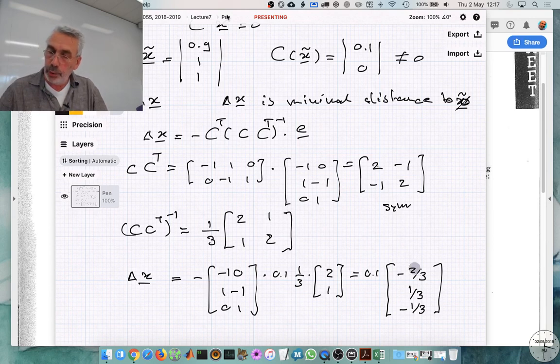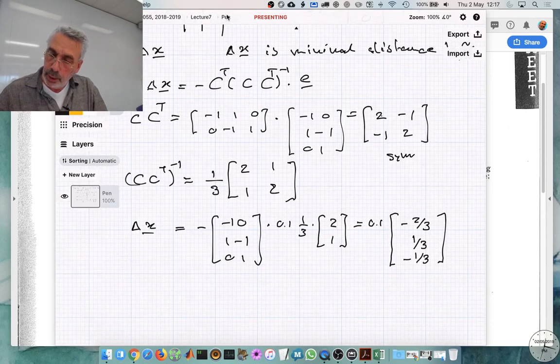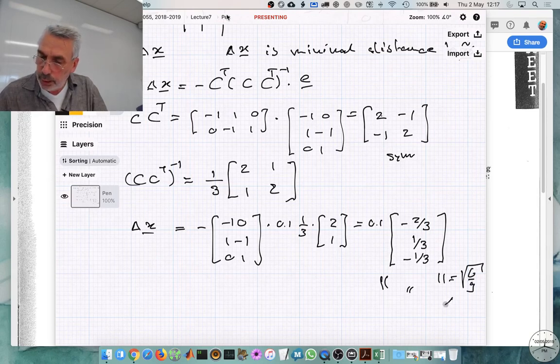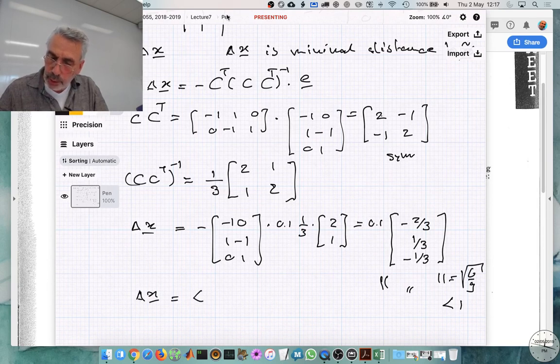If you calculate what the norm of this is, then the norm is square root of 6 over 9. And that's less than 1. So the norm of this delta x is less than 0.1.